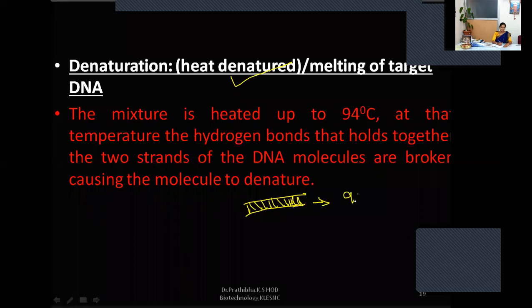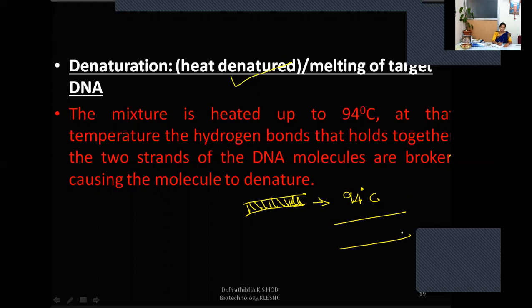When you increase the temperature in the PCR machine to 94 degrees Celsius, the hydrogen bonds that hold together the 2 strands of DNA molecules are broken, causing the molecule to denature. Once they are broken, they become single stranded. So this is nothing but denaturation, very simple.